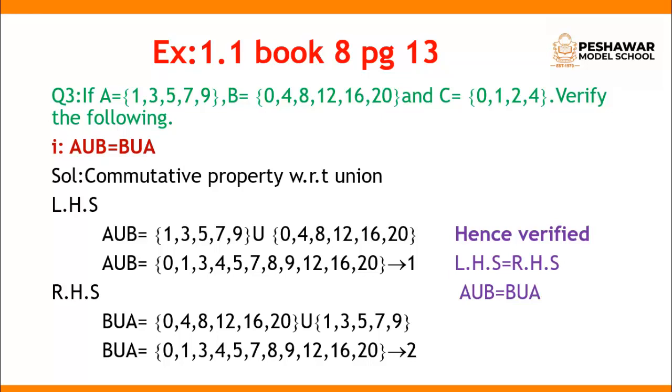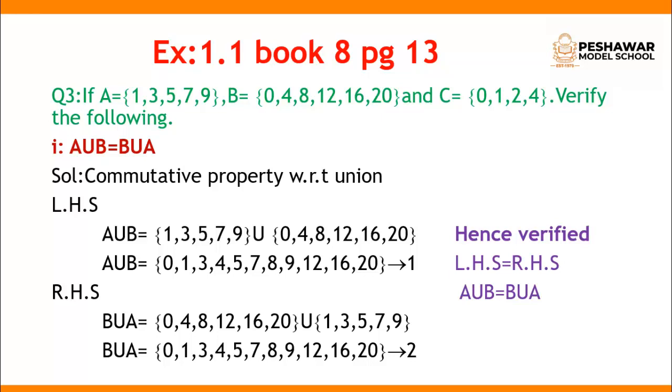Now come to the right hand side, in which we have to change the order. In the left hand side A is written first, in the right hand side B is written first. So the right hand side is equal to B union A. The elements of set B are 0, 4, 8, 12, 16, 20. Union, and the elements of set A are 1, 3, 5, 7, 9.